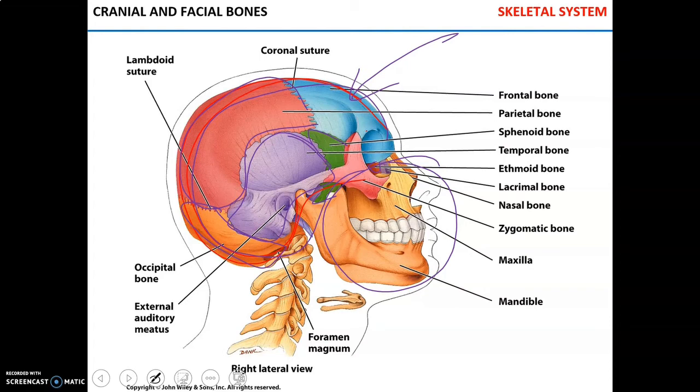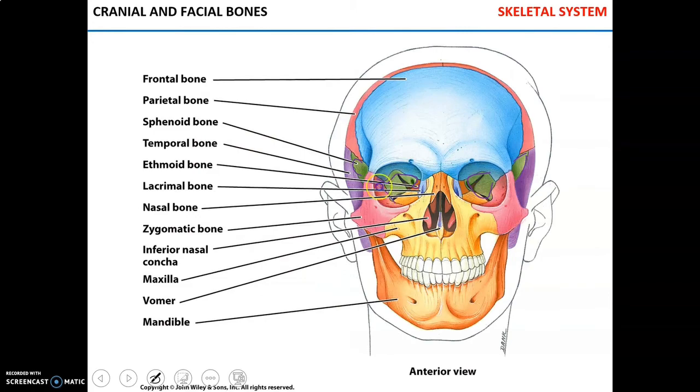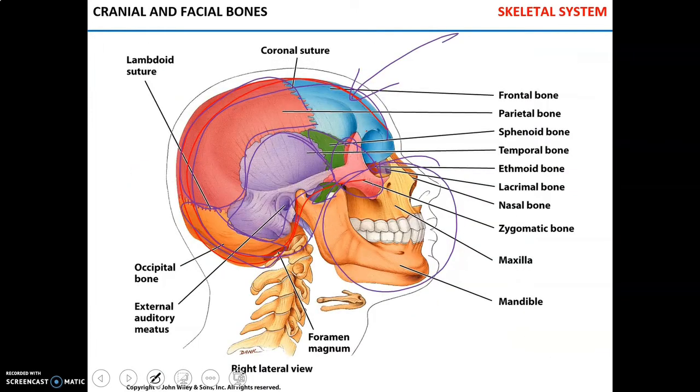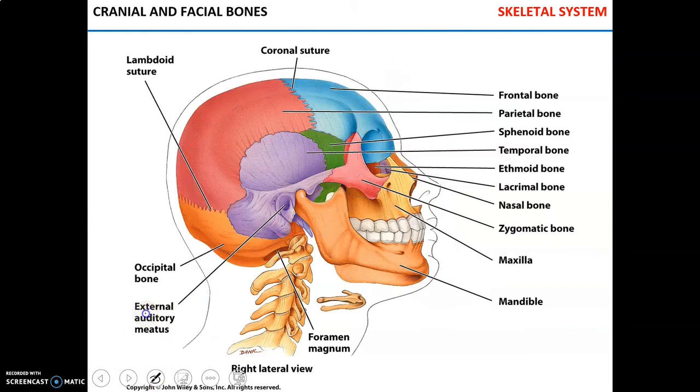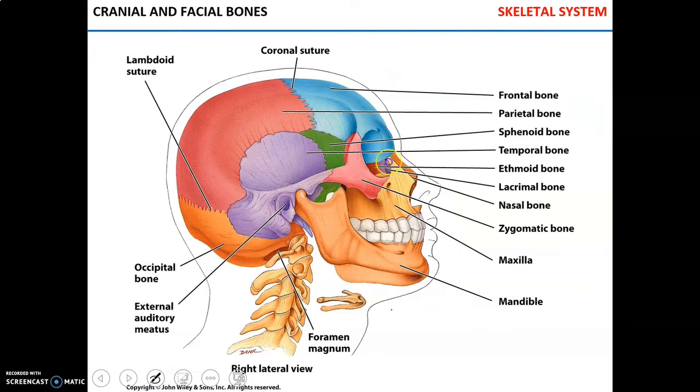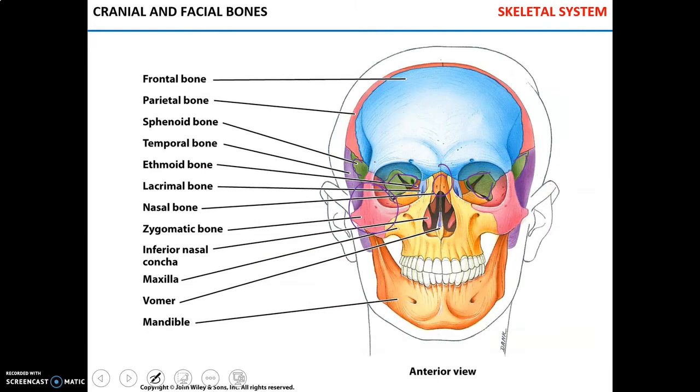Now, facial bones include zygomatic. Here's the frontal view, so cheeks. Nasal bone, right here. Lacrimal bone, really small purple bone here, and you kind of can't see it here.